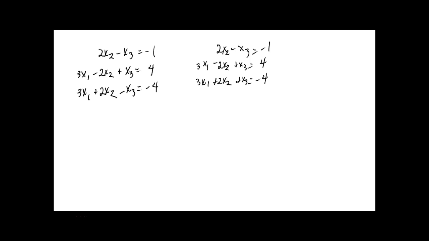That's not the case there. Now, did this solution vector make any difference at all? No. It all depends on what's happening with the coefficient matrix. That's what determines it.